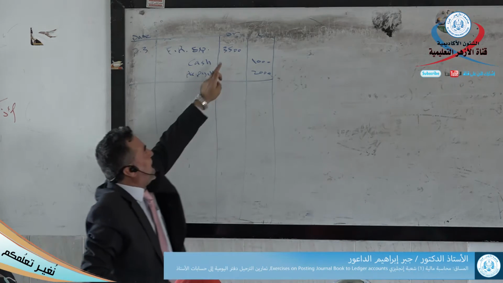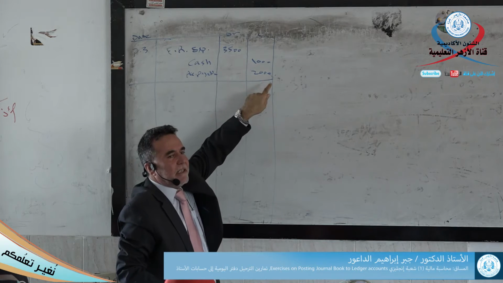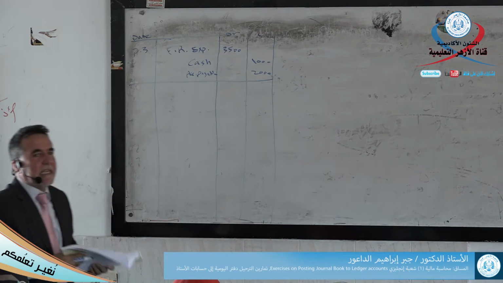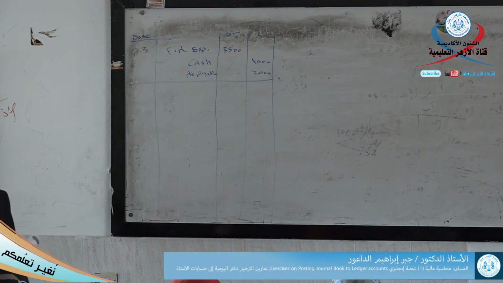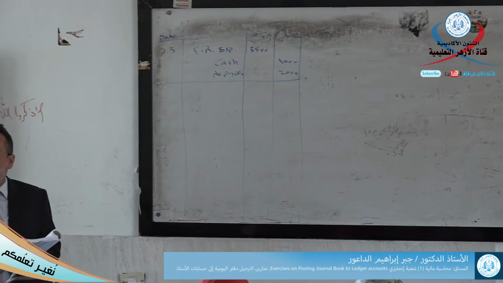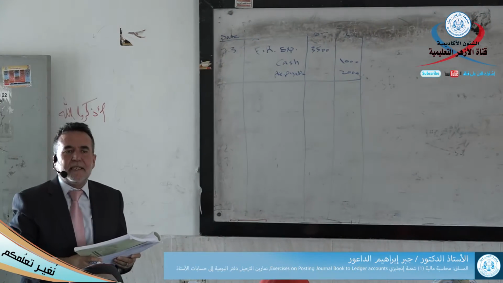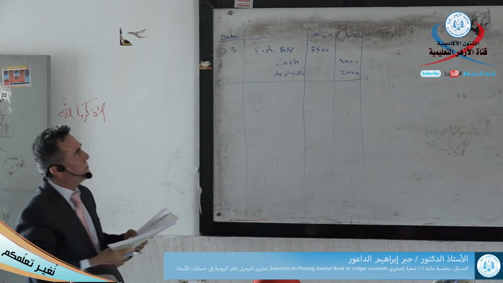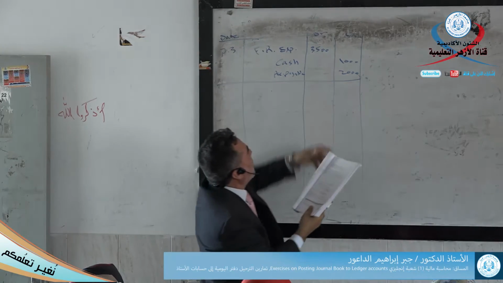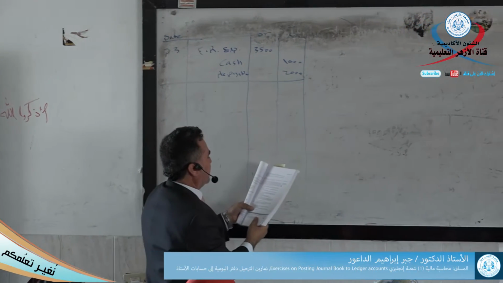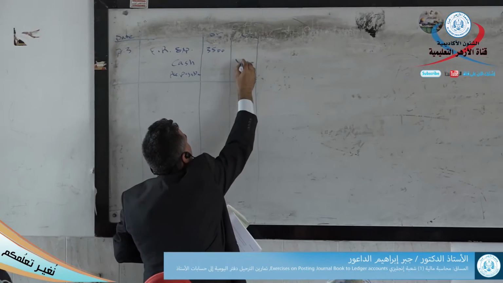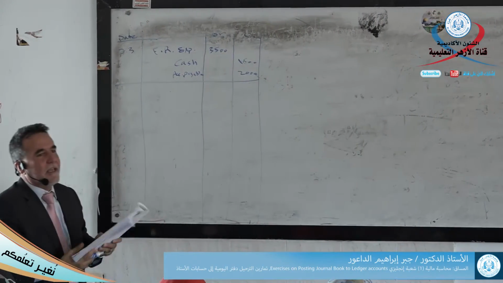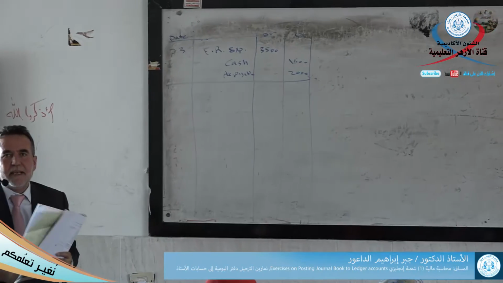So debit side equals credit side. As I said before, in any entry, the debit side will equal the credit side. He paid 1,500 in cash.